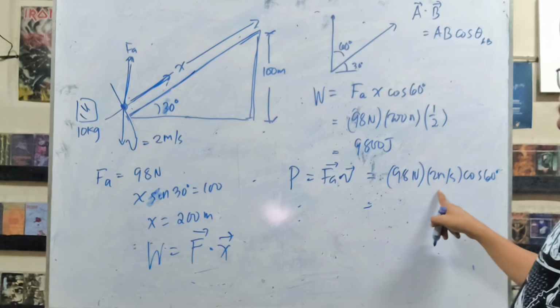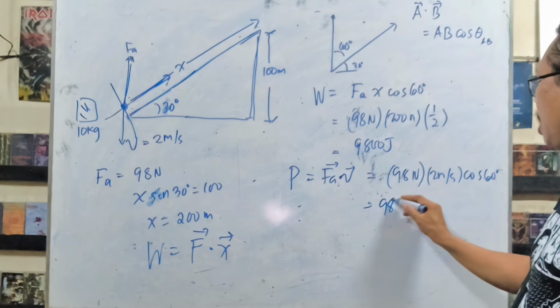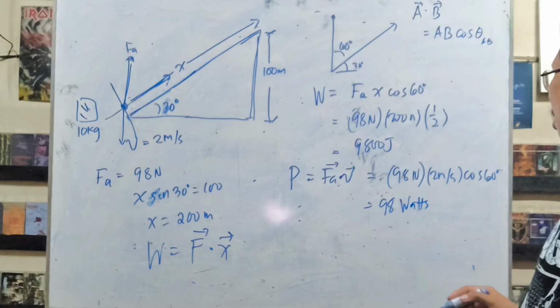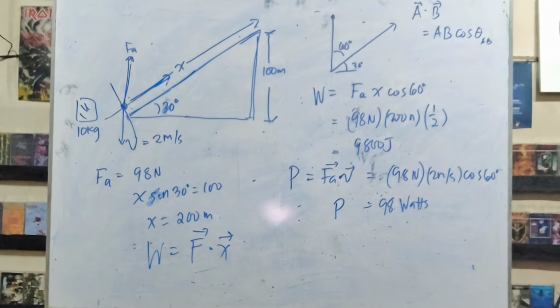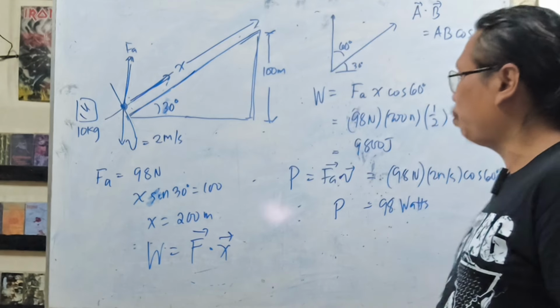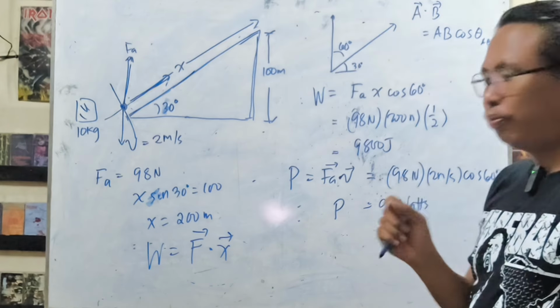So 98 times 2 is 196, divided by 2, that's 98 watts. So this is the power that I need in order to raise this at 2 meters per second.